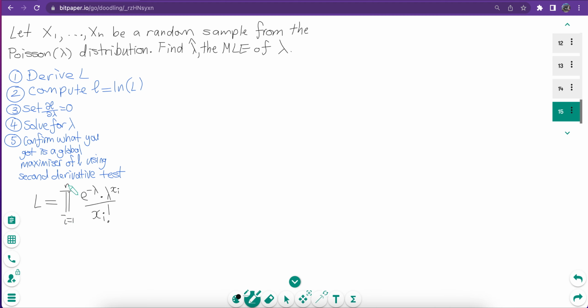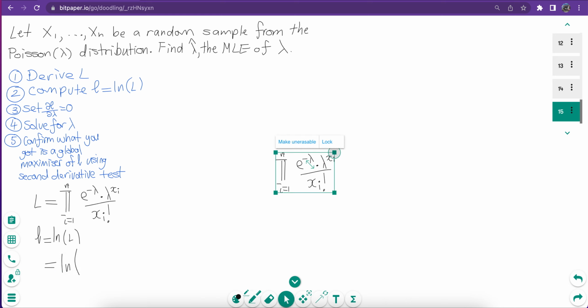Okay. The next step in this process is to find the log likelihood, and the log likelihood is just the log of the likelihood. So basically all that I do is apply the natural log to this whole quantity. So I can say L is equal to the log of the likelihood, which is nothing but the log of this. Cool.